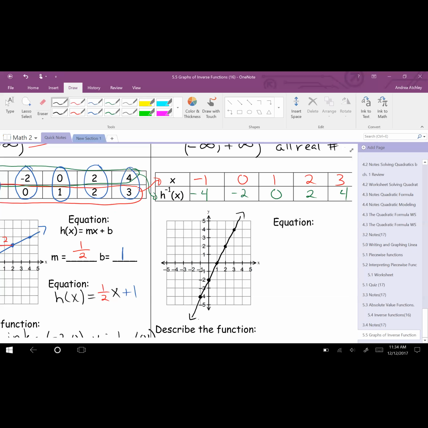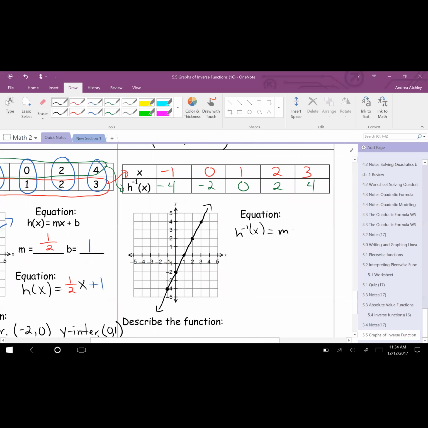Okay. And then we can write the equation. Again, it's just going to be the inverse, mx plus b. So our slope should be up 2 now and over 1. So it's 2 over 1, which is just 2.